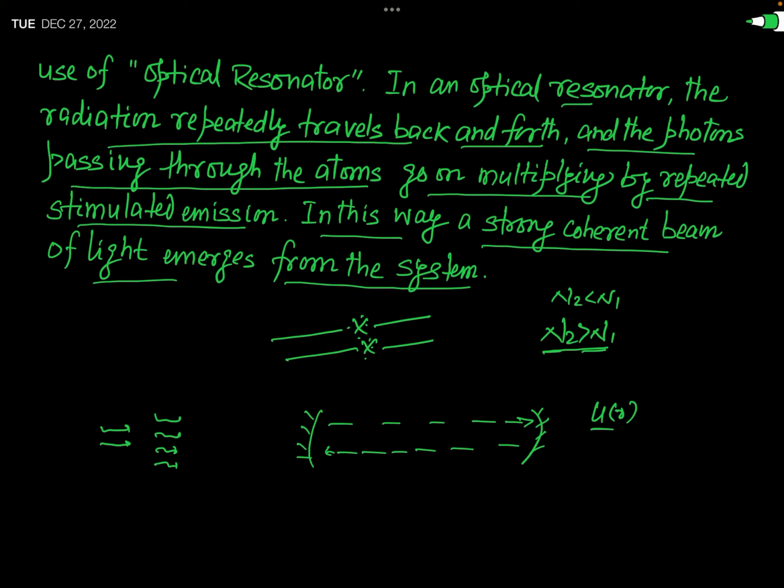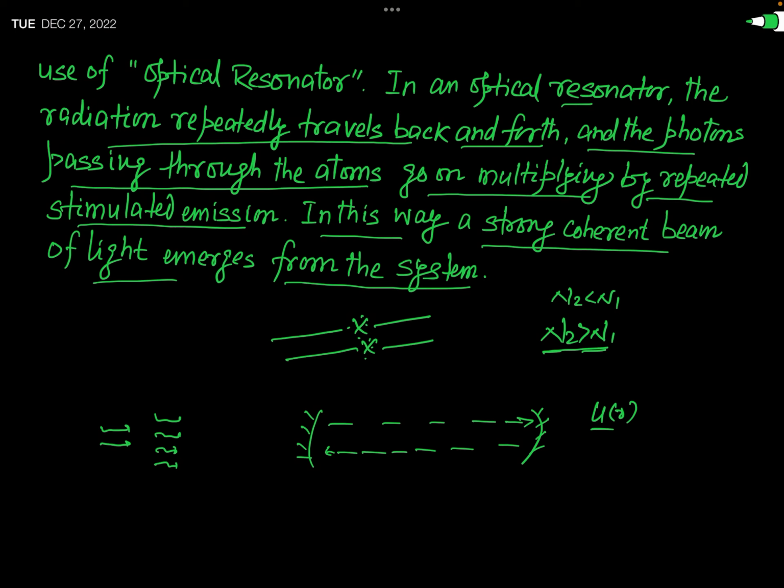And for further encouragement of the stimulating radiation, we increase the radiation density too, and this is achieved by enclosing the emitted radiation in a cavity between two parallel reflectors.